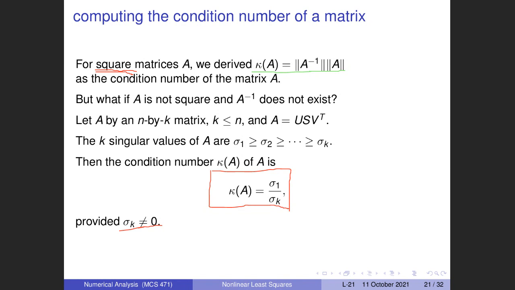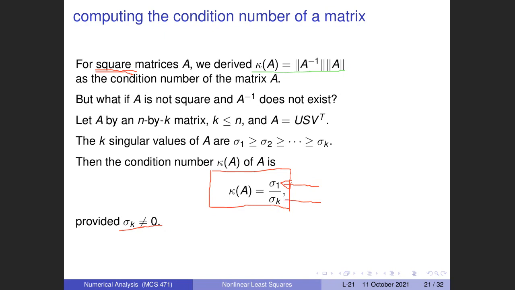Notice there are two numbers there. When is the condition number large? It will be large if your largest singular value is large, and this captures the case when you have very large numbers in your matrix.